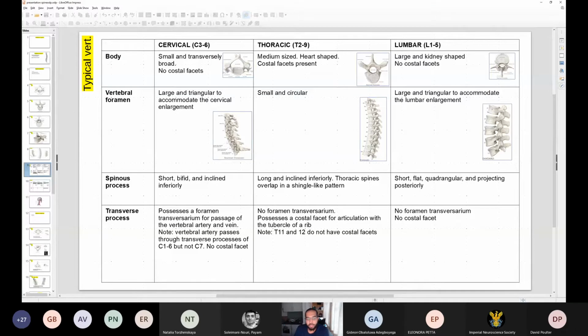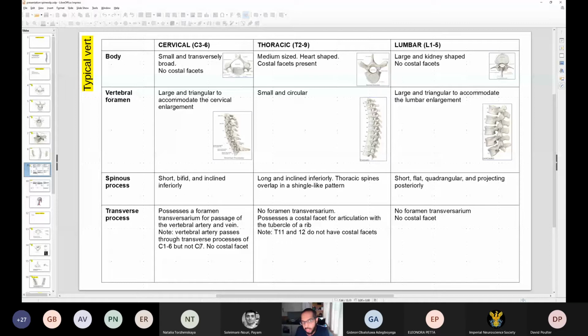and the patient may end up with cerebellar signs and cranial nerve deficits if they have a problem within the cervical transverse processes. An important note here, and it may come up in your exams, is that the vertebral artery passes through the 6th cervical vertebra, but not the 7th.